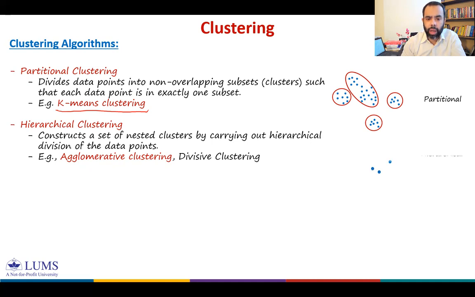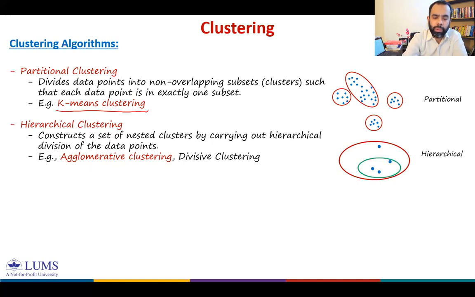So in hierarchical clustering, if you have these data points, we obtain a set of nested clusters. So a cluster of 1 point, you have 2 clusters, a cluster of these 3 points, and this could be a cluster of 1 point. Or you can further divide this green cluster into 2 clusters. So we have a set of nested clusters. We will see in detail how we obtain this set of nested clusters, how we carry out hierarchical decomposition of the data set.